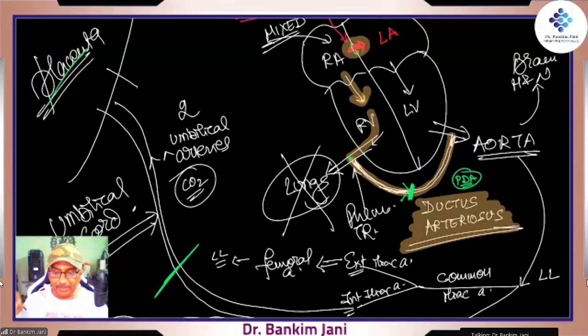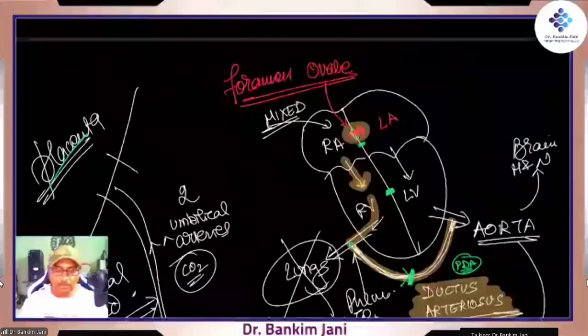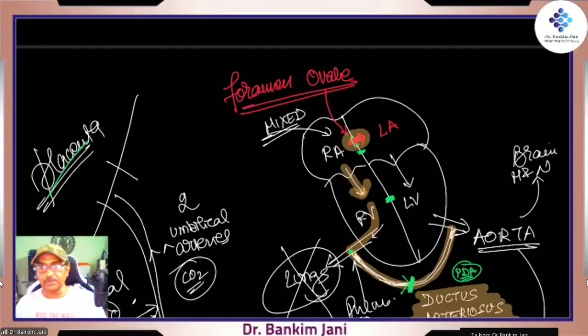But when there is any problem, like a hole in the heart, either an atrial septal defect or a ventricular septal defect, when the aorta is emerging from the incorrect chamber, when the patent ductus arteriosus is open, or the foramen ovale which should close is not closing and remains open, in both ways the blood is transported.